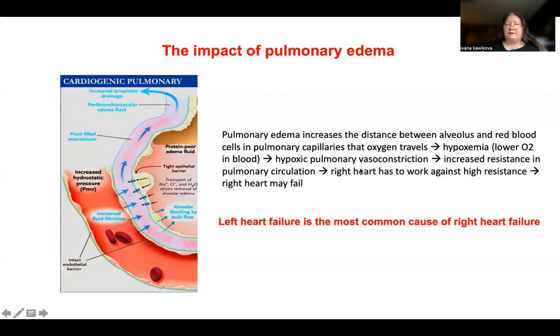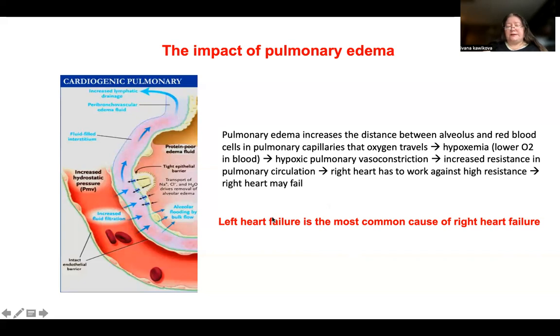So as a result, the left heart failure that not only leads to decreased cardiac output, but also to congestion of blood in pulmonary circulation, increases the resistance of the pulmonary vessels and may cause the right heart failure. In fact, the most common cause of right heart failure is the left heart failure.